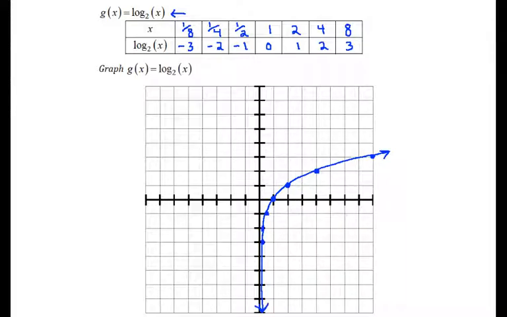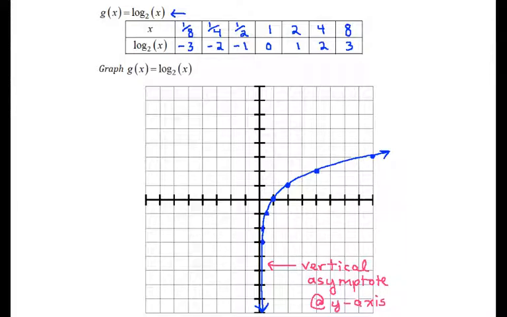So this is an important characteristic of a log graph, is that it has a vertical asymptote at the y-axis if the graph isn't shifted at all.